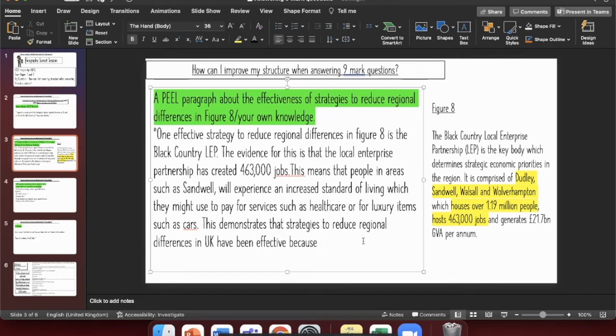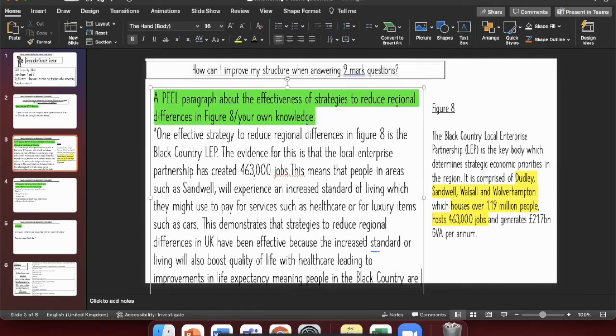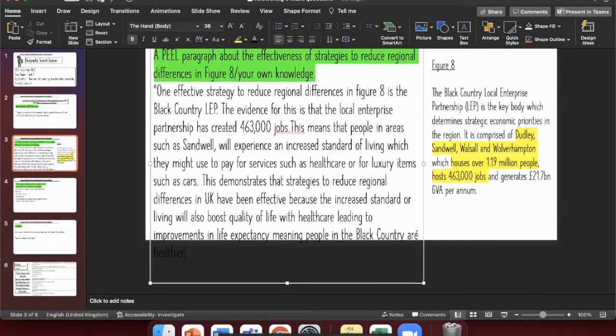So this demonstrates strategies to reduce regional differences in the UK have been effective because the increased standard of living will also boost quality of life, with healthcare leading to improvements in life expectancy, meaning people in the Black Country are healthier. That's my first PEEL paragraph.